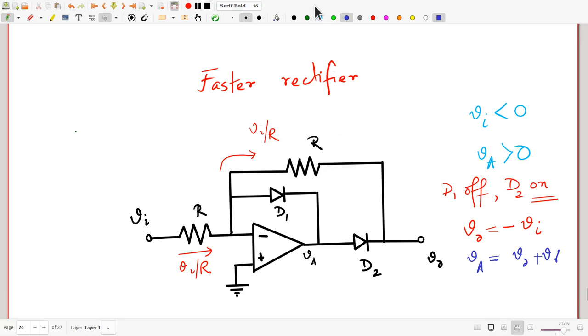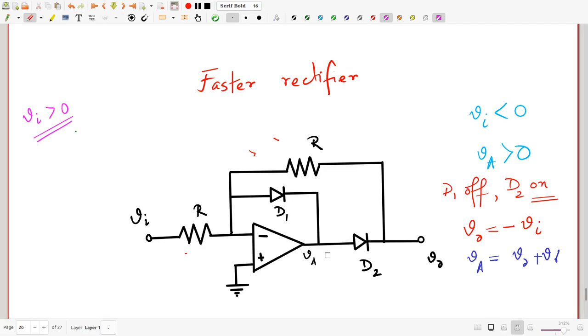What happens for the other half of the cycle? Well, in the other half, when Vi is positive, remember Vi is being fed through R into the inverting terminal. So when Vi is positive, the output Va goes negative.